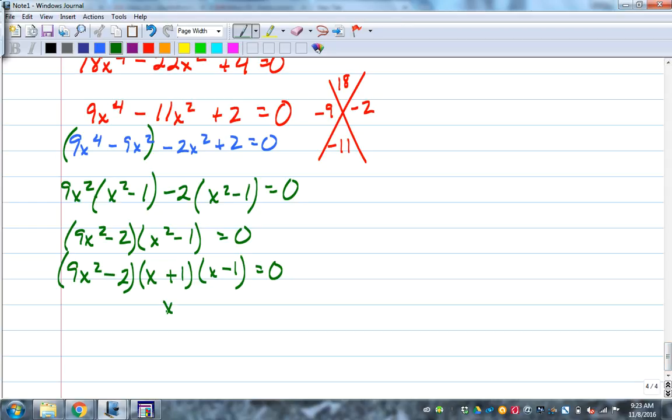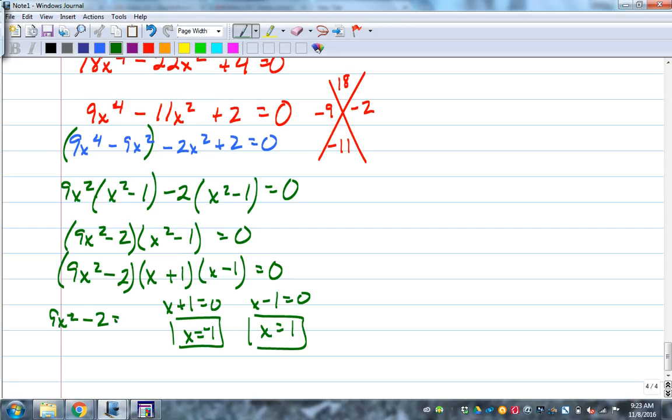But that's easy. x plus 1 equals 0. x minus 1 equals 0. So x equals negative 1 and x equals positive 1. And then this one, you get 9x squared minus 2 equals 0, and you get x squared is equal to 2/9.